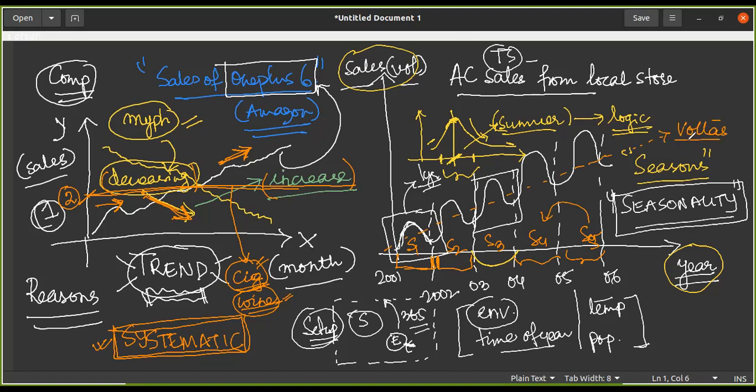Over a period of time, the sales of Voltas AC has increased, so there's an uptrend, but I'm not talking about trend here. I'm just talking about the seasonality component. Each section is quite closely related to the other section, irrespective of the direction of the trend. That's the reason why these are known as systematic components.